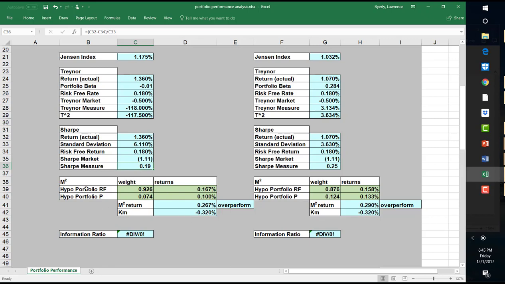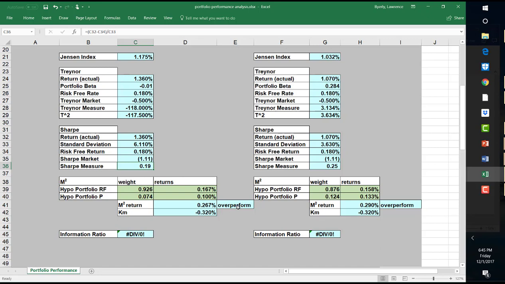The Modigliani model, M squared. Under M squared, remember we created a fictitious portfolio. The rate of return of that should be 0.2, but the rate of return on the stock market was negative 0.32. So obviously the positive is better than the negative.